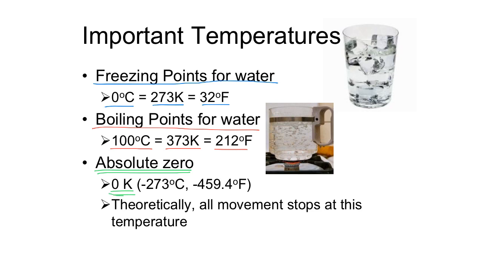So if we have no temperature, we would have no movement. That theoretically happens at 0 Kelvin. Theoretically, because no one has reached 0 Kelvin, but they have gone down into the single digits, and it is well thought that if you get to 0 Kelvin, there would be no kinetic energy and no movement whatsoever of the molecule.